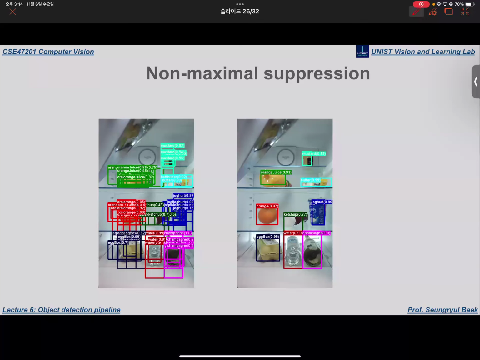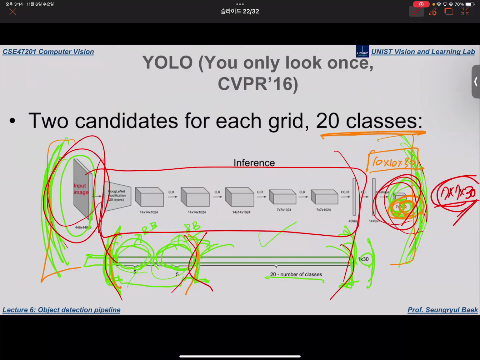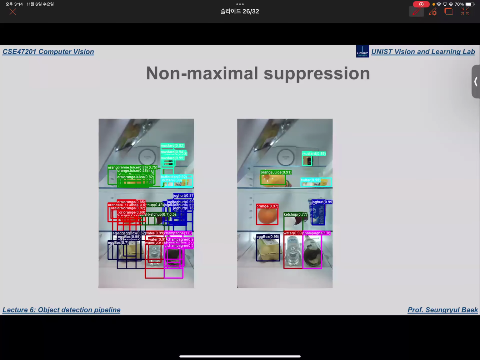After estimating this array from the image, if you visualize it, it looks like this. For the background grids, no bounding box appears. But for the foreground grids, very many bounding boxes appear.